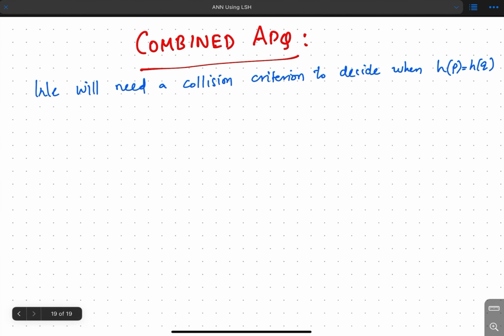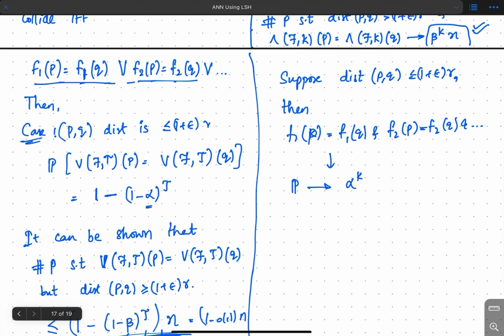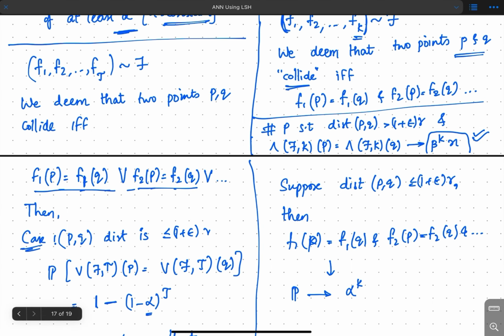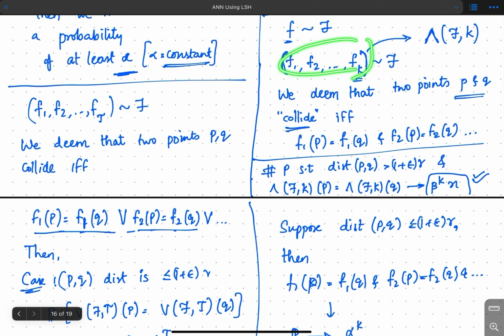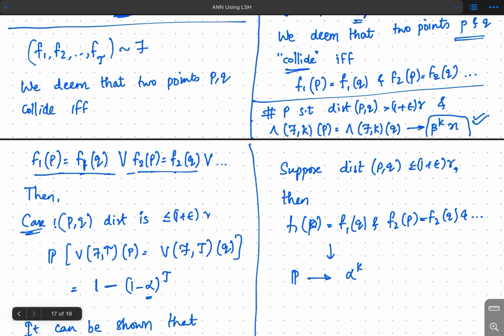For vectors, we said that they collide if each of the coordinates, each of the hash functions f1, f2 and so on, collide at p and q.